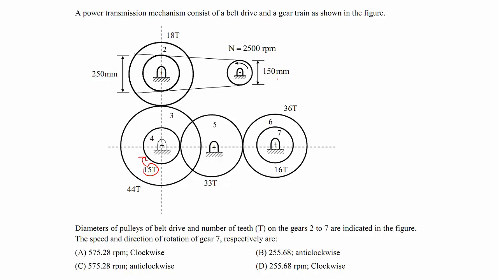Here we can write the velocity equation for, let us say, pulley 1 and 2: N1 D1 is equal to N2 D2. He's asking us to calculate the speed and direction of rotation for gear 7. Let us say this is 0 and this is 1.